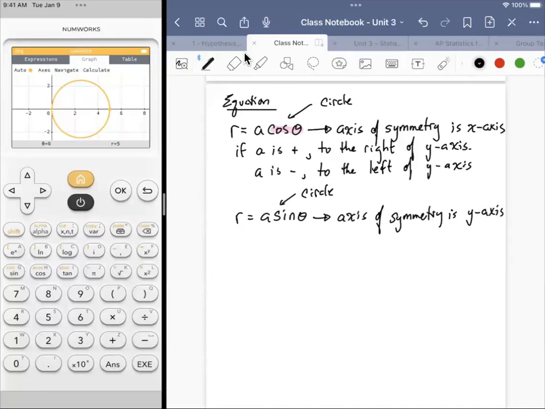And then whether a is positive or negative determines if you're above or below the x-axis. If a is positive, above the x-axis. If a is negative, below the x-axis.